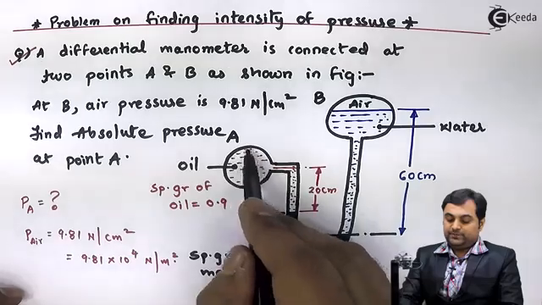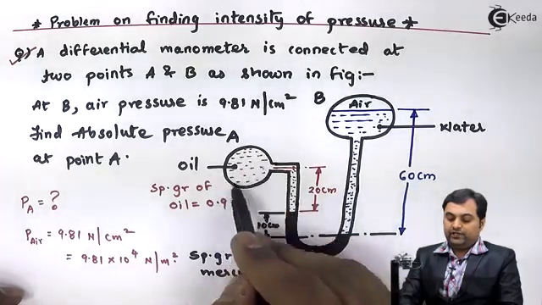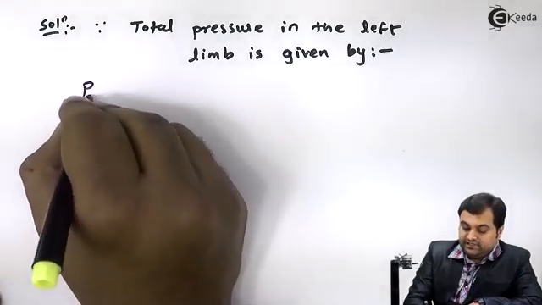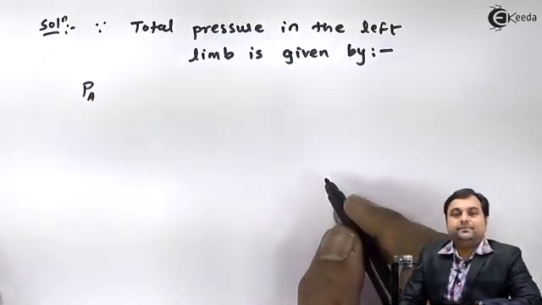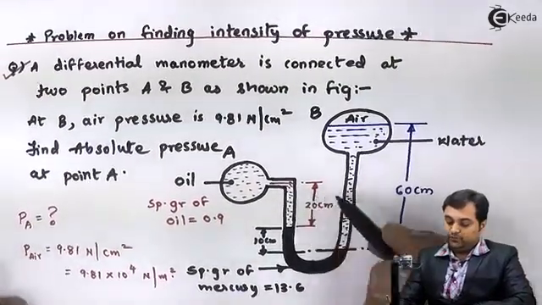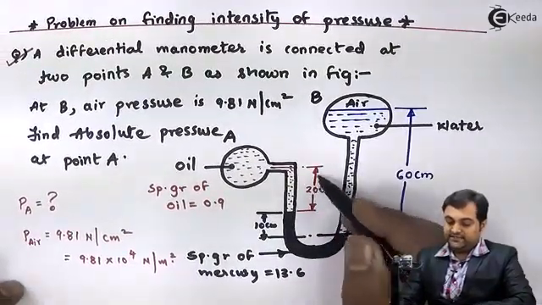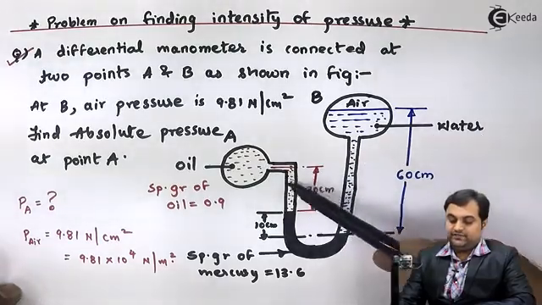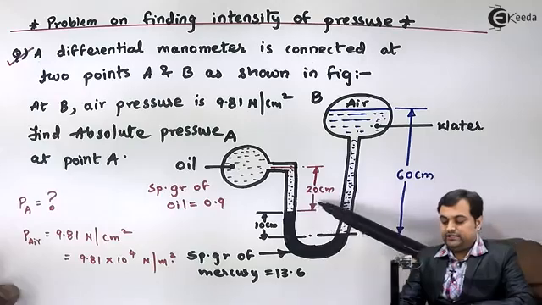So first there is pressure of oil in the pipeline, that I'll indicate as P suffix A because it is in pipeline A. Next, oil is filled up to 20 centimeter height, as we can see. So because of the 20 centimeter height of oil, there is even pressure exerted by this.